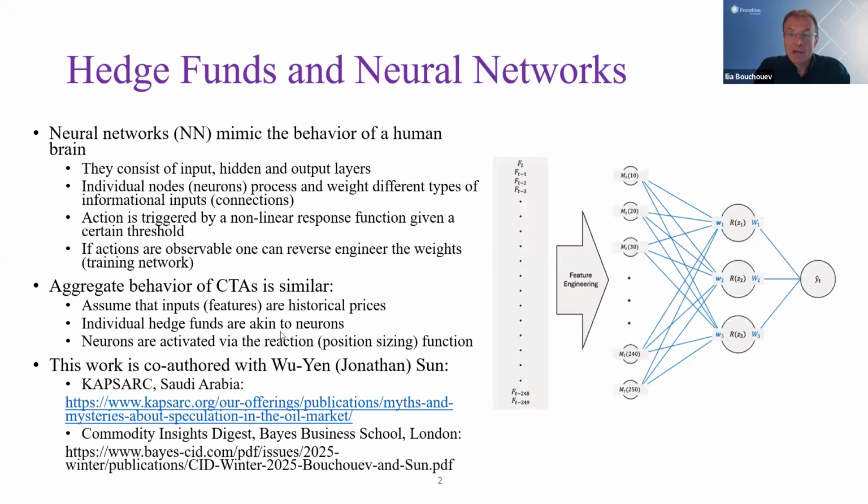So we're going to apply neural networks today. Don't be scared by the term. What is a neural network? I'm not going to spend more than 20 seconds on that because you can easily find a much better explanation online by Googling it. Basically, a neural network mimics the behavior of a human brain.